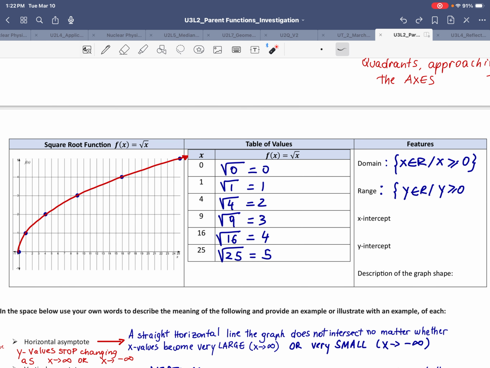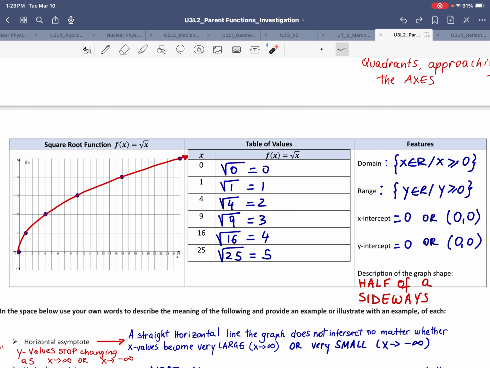Now we have an x-intercept right at 0, 0, or we can say x-intercept equals 0. And whenever the x-intercept is at 0, 0, then the y-intercept will be 0 as well, right? Because they go together. When it comes to the description of this graph, we're going to say this is actually half of a parabola, but a parabola that is not sitting up like this, but is sideways.